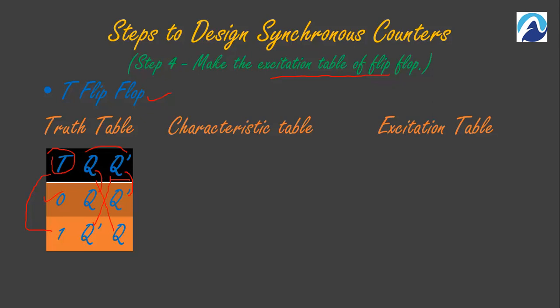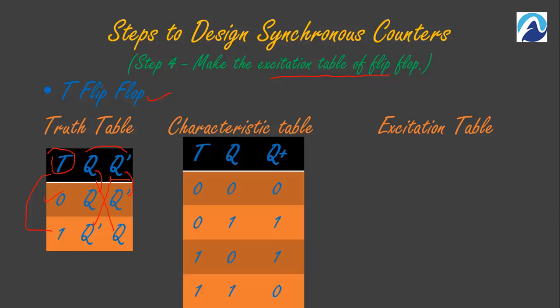From this truth table, we can make the characteristic table of the flip-flop. In the characteristic table, we consider the input of the flip-flop and the previous output of the flip-flop, which is already stored in the flip-flop, and Q plus indicating the next state. Possible combinations: if T is 0 and Q stored is 0, according to the truth table, it is no change.